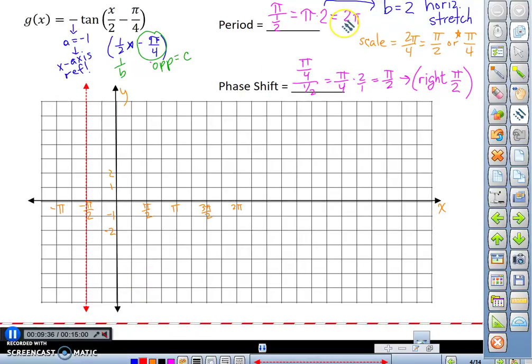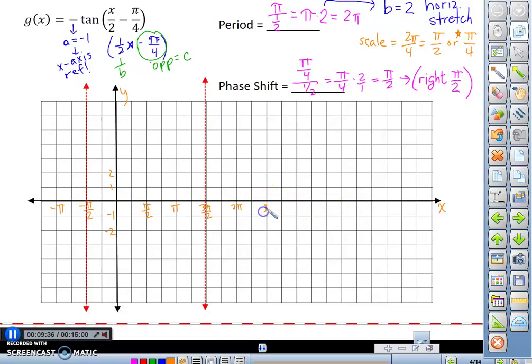But 2 pi radians later is where I'm going to find my second asymptote, and 2 pi would be at 1.5, so it's going to be here. And then I have 2 pi after that. So 2 pi is 2, 4, 6, 8, right here.